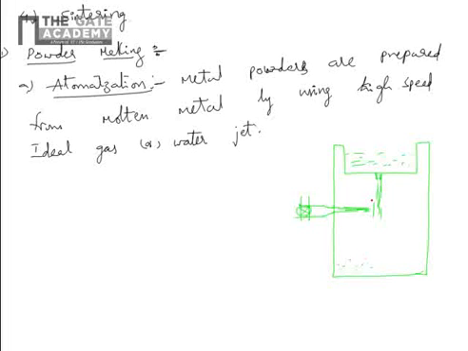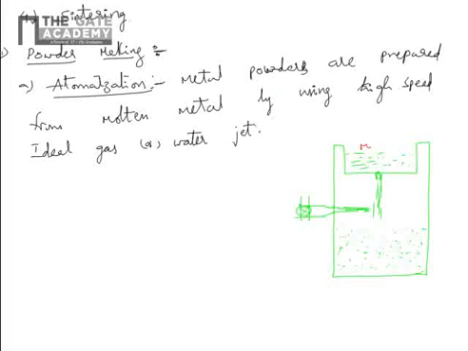You keep a hole in the tub, and allow the molten metal to fall down. At 90 degrees, use an inert gas jet or water jet and project it on the stream, so that it creates fine minute metal powders, which are collected. This is one of the best methods to create metal powders for hard materials.